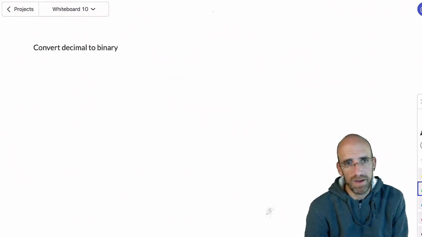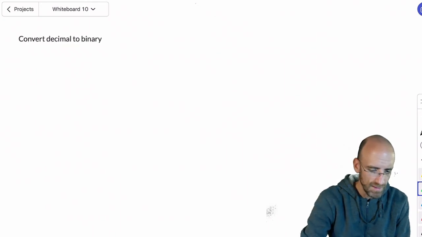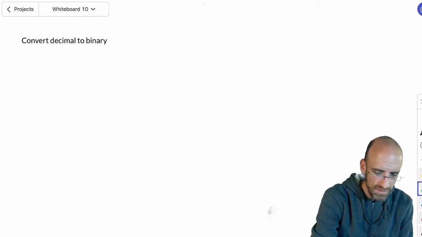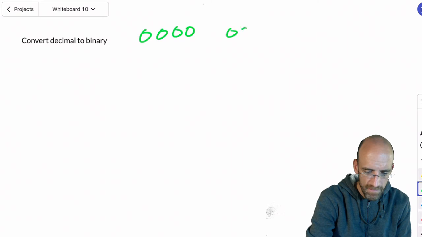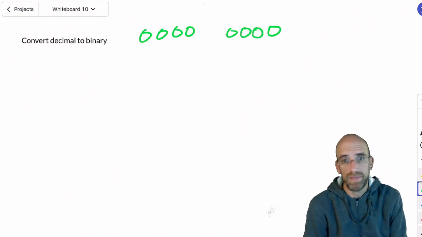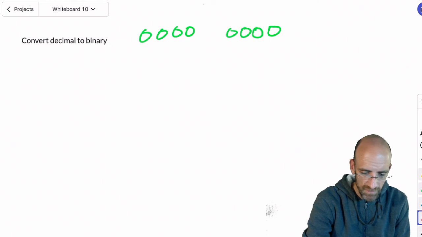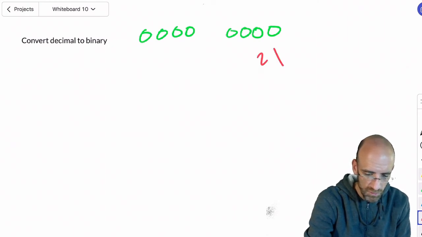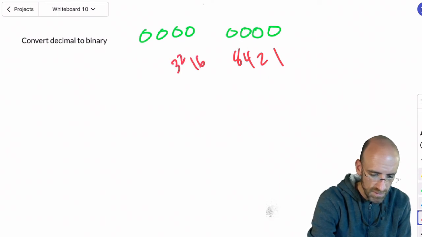Now let's convert a decimal to binary. To convert numbers, we have to remember that our binary digits have place values. I like to write out 8 zeros, and then under those 8 zeros, I will write the numbers 1, 2, 4, 8, 16, 32, 64, and 128.